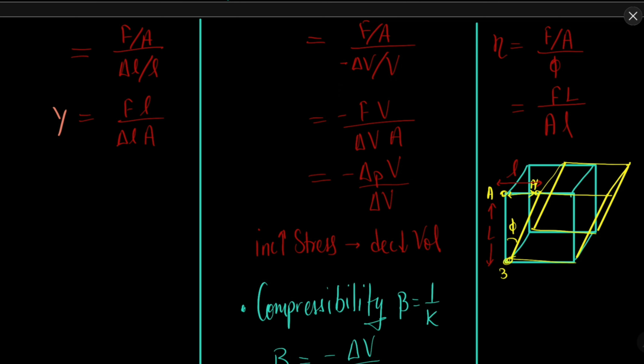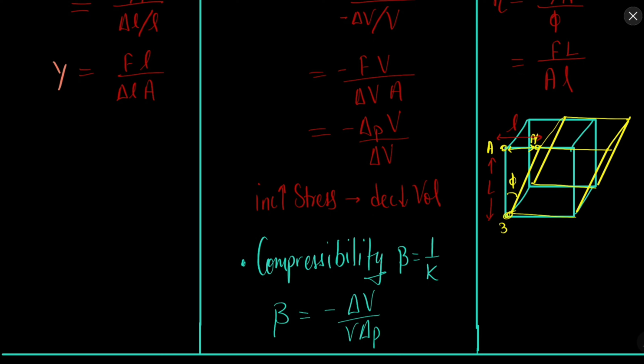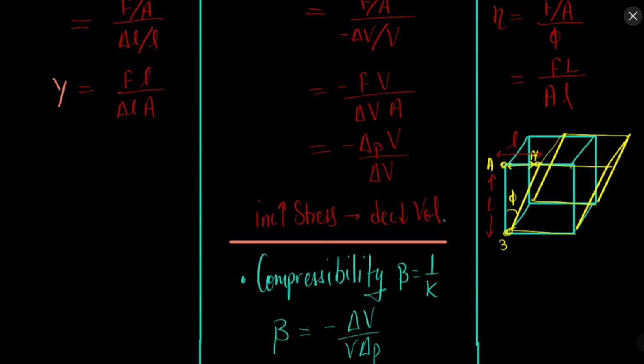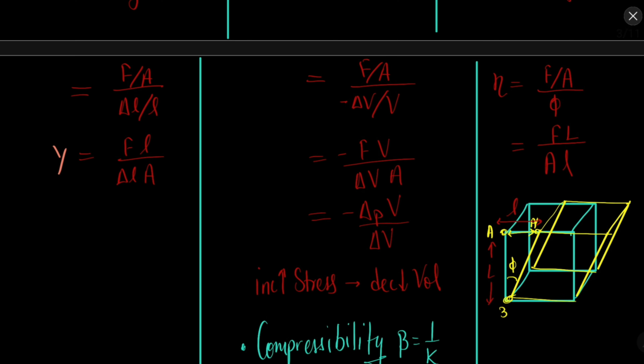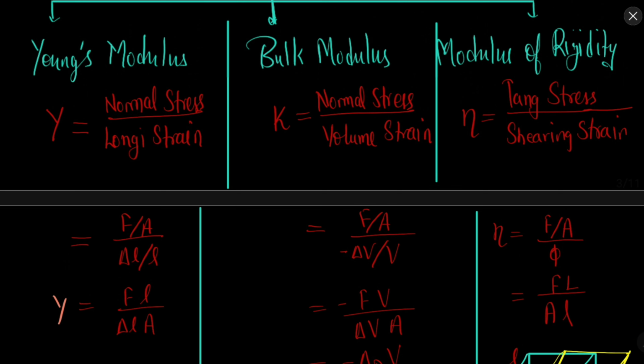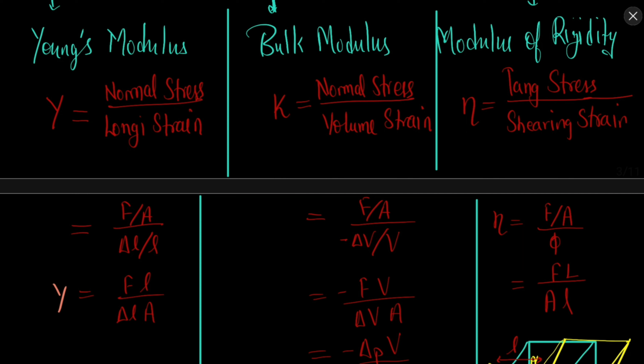Now we can also write this force upon area. Force upon area is normal pressure, so that's why we have pressure instead of force upon area. When we increase the stress, there is a decrease in volume, because of that there is this minus sign. And modulus of rigidity is tangential stress upon shearing strain.